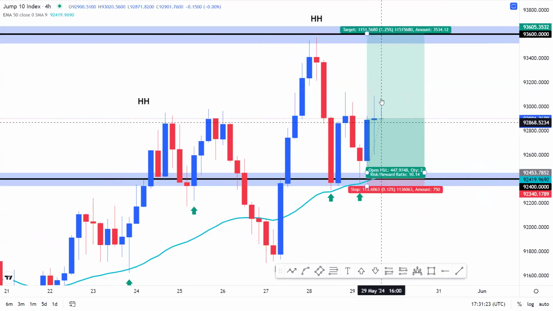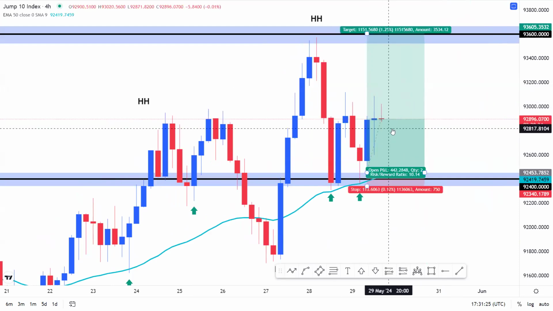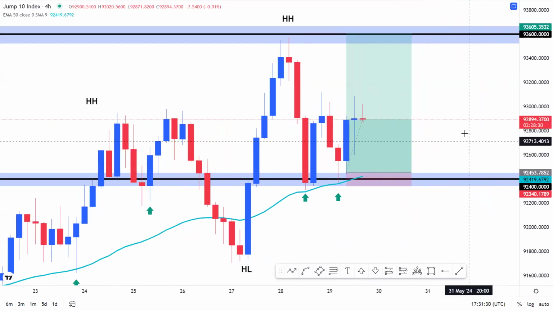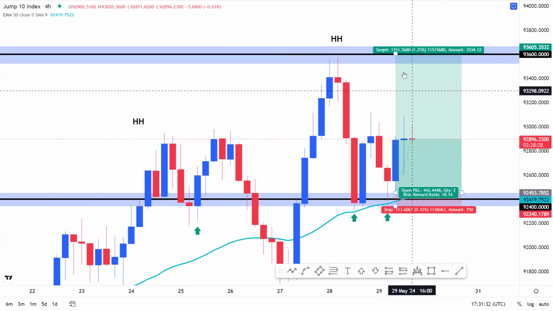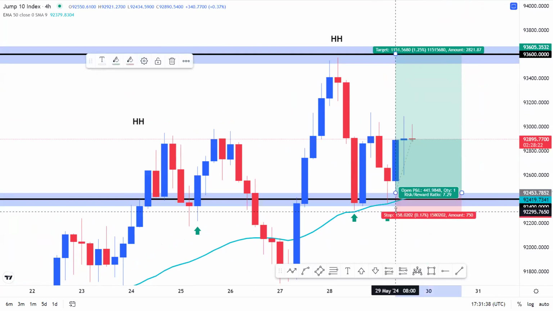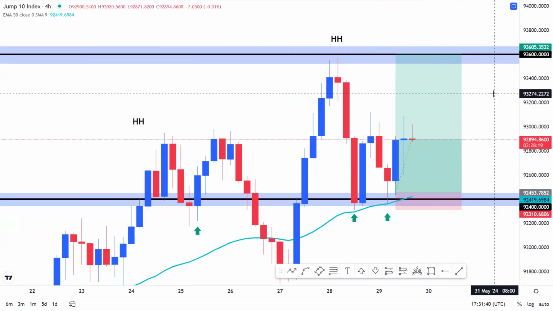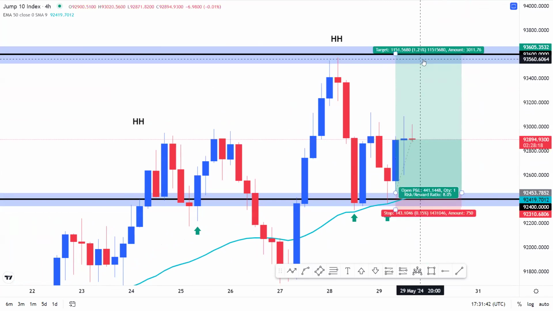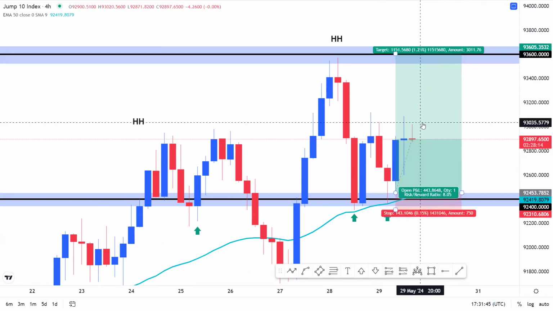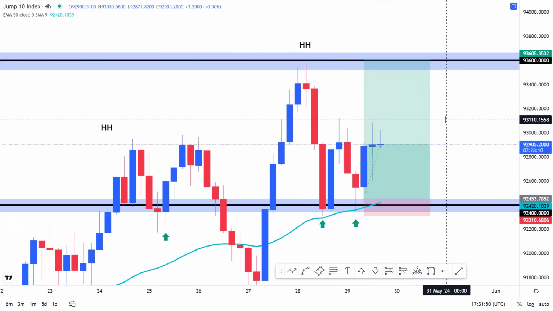The current positions still left open are risk-free. And then we are anticipating price to continue rallying all the way to the upside for our overall anticipated take profit target, somewhere around the 93,600 psychological round number.